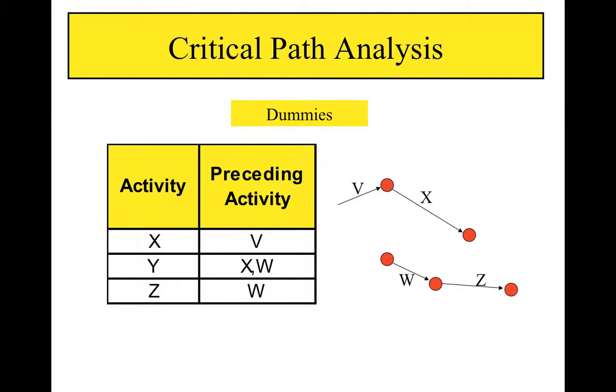It is fairly straightforward to draw the diagram so that v precedes x and so that w precedes z. However, we wish to add y to the diagram so that it is preceded by both x and w without implying that x precedes z.